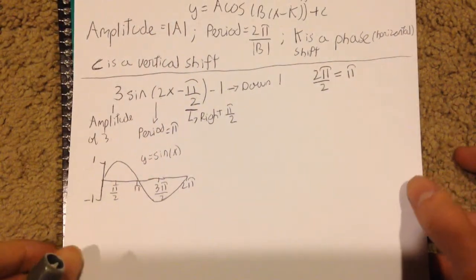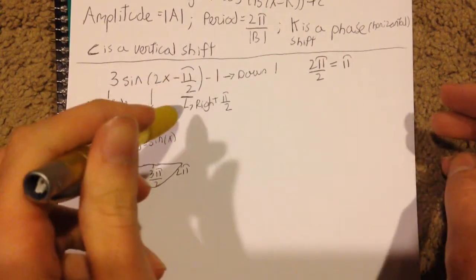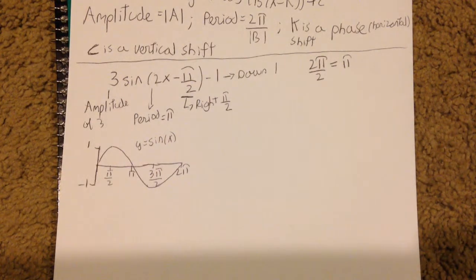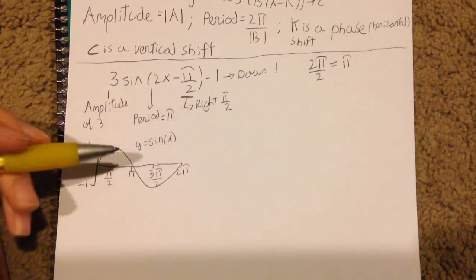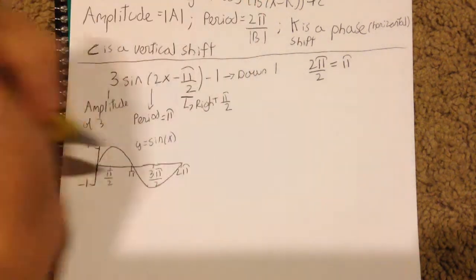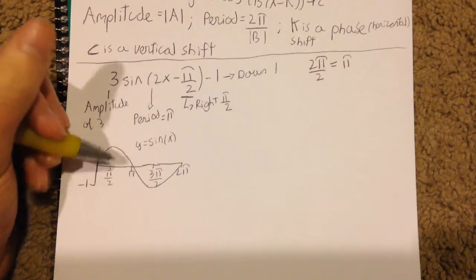And so now we just need to apply the different transformations to the function. Like I said, I like to start out with the horizontal and vertical shifts to find where the function is going to start. For sine, we notice that it's going to move to the right pi over 2, and it's going to move down 1.